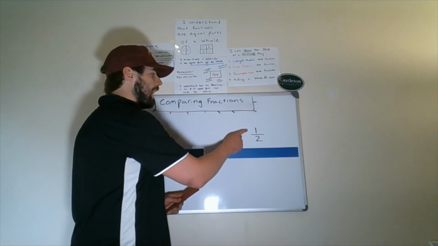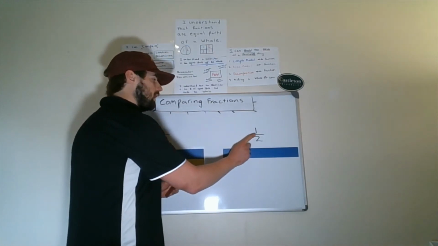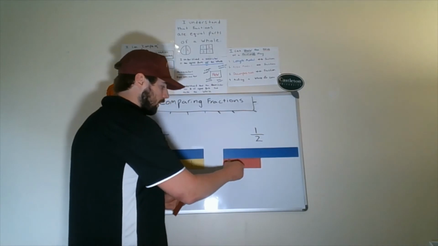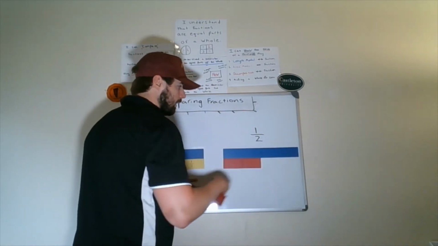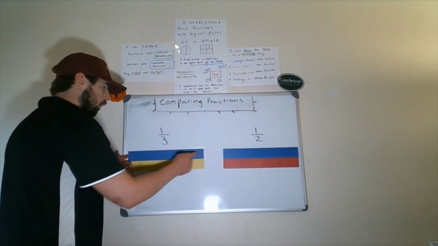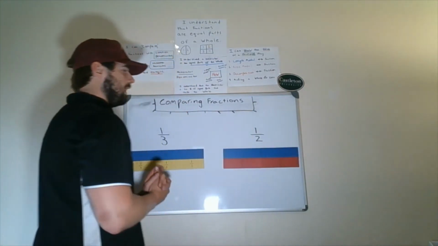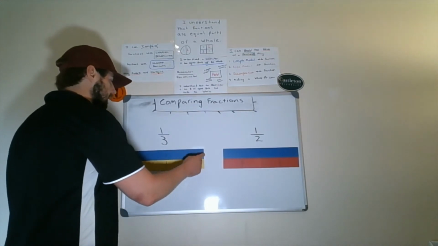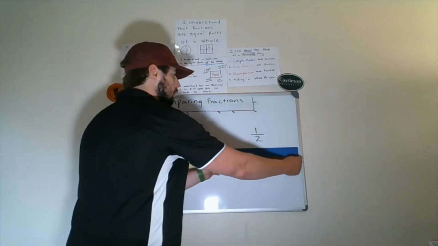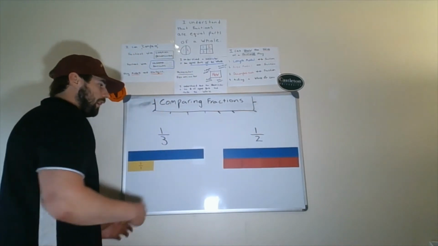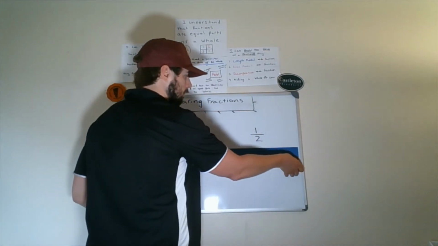Looking at 1/2, I know that there are going to be 2 equal parts that make that whole. We're talking about wholes that are exactly the same. We're comparing these fractions. 3 parts make the whole for 1/3. 2 parts make the whole for 1/2. We're only talking about 1 part.